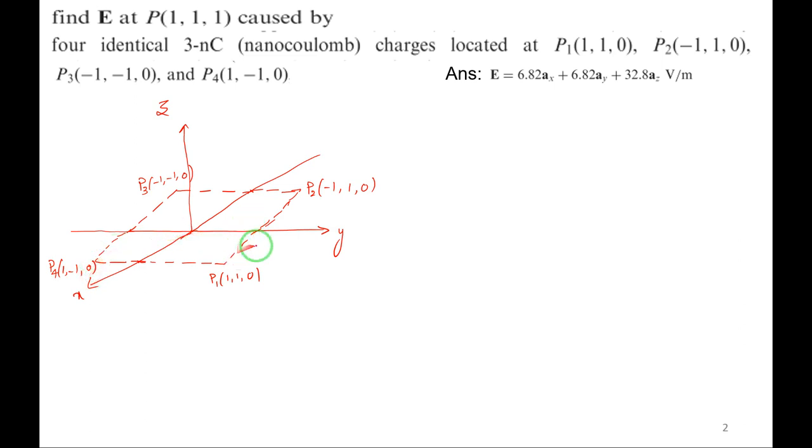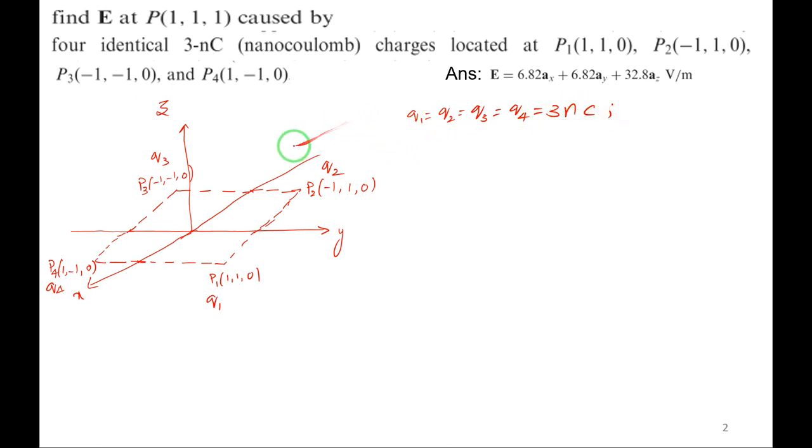Observe that all these points P1, P2, P3, P4 are lying in the XY plane, and charges are placed at them. At P1 charge Q1 is placed, at P2 charge Q2, at P3 charge Q3, at P4 charge Q4, but all the charges are the same. So Q1 equals Q2 equals Q3 equals Q4, and they are given as 3 nanocoulomb.